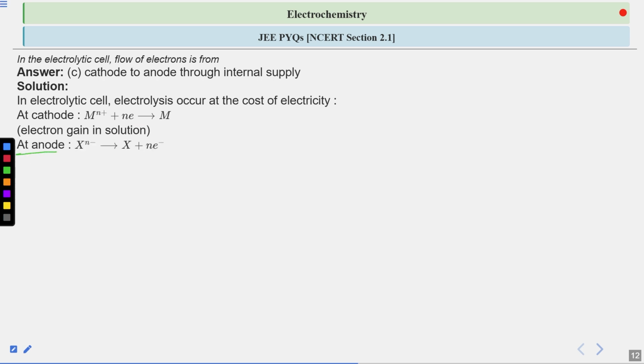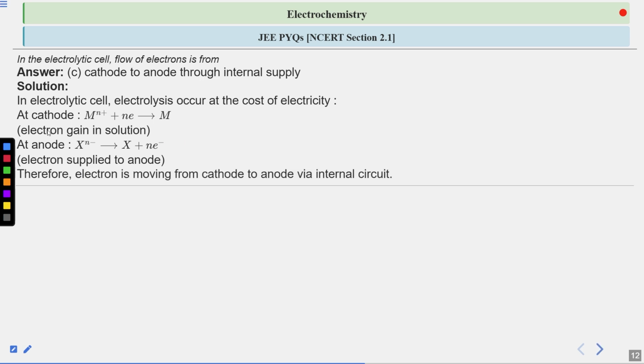And similarly at the anode, X having n negative charge, that means extra charge, will release the extra negative charge and become a neutral X, right? So this is the oxidation process happening at the anode, and this is electron supplied to the anode. Therefore, the electron is moving from cathode to anode via the internal circuit.